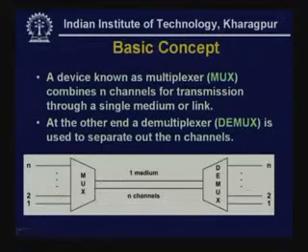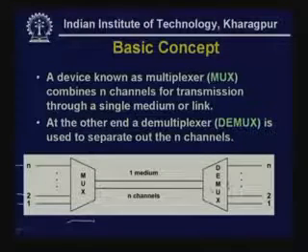Let us see what is the basic concept of multiplexing. We use a device known as a multiplexer, which combines signals coming from n channels. Here you are getting signals from n channels, 1, 2 up to n. Signals coming from n channels are combined together and sent through one medium. As you can see, you have only one medium, and at the other end there is a demultiplexer, and the demultiplexer is performing the reverse operation.